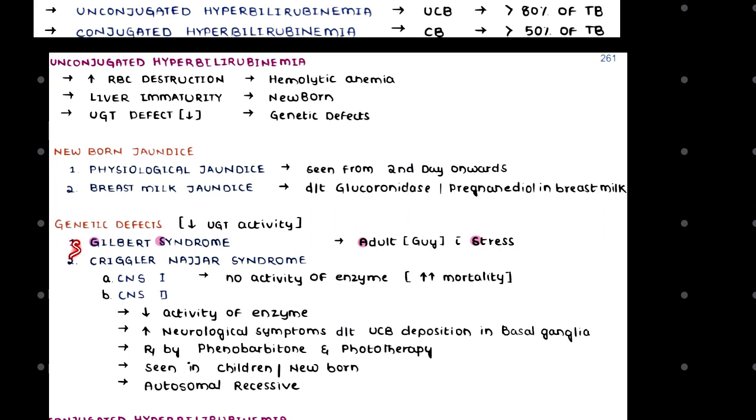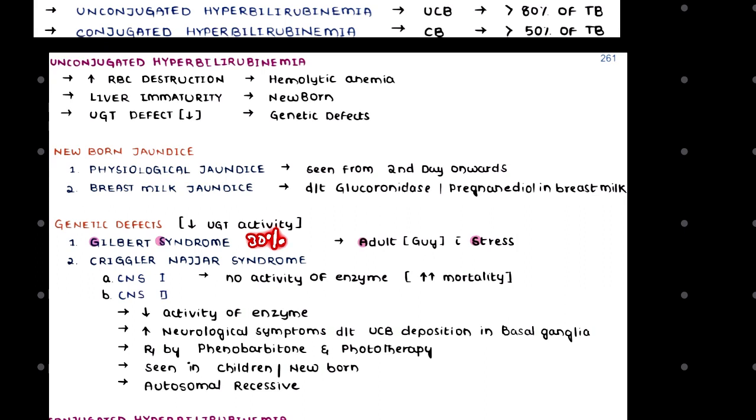Simply, in both these conditions there is reduction in UGT activity. Now in Gilbert syndrome there is UGT, but it is functioning at only about 30% of its total capacity.